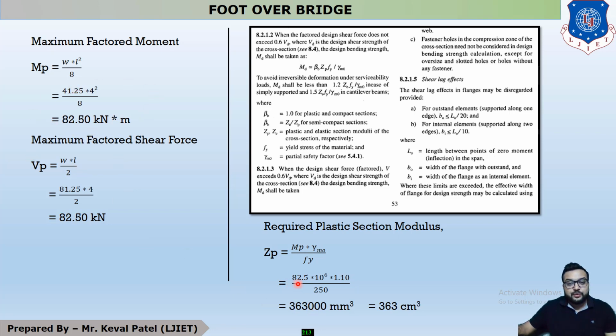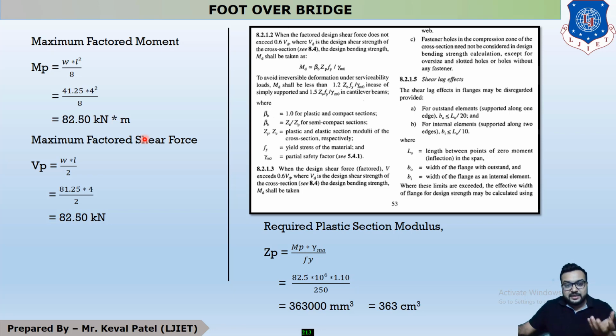So it is 82.5 into 10 raised to 6 into 1.1 divided by 250. So we will get our answer 363,000 mm cube.